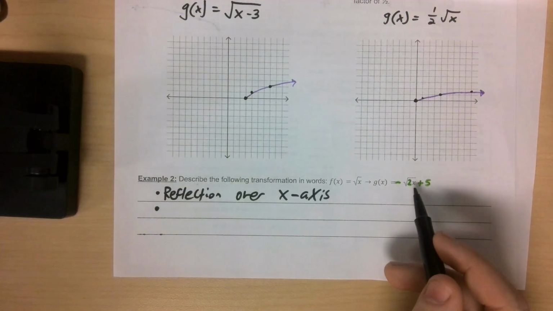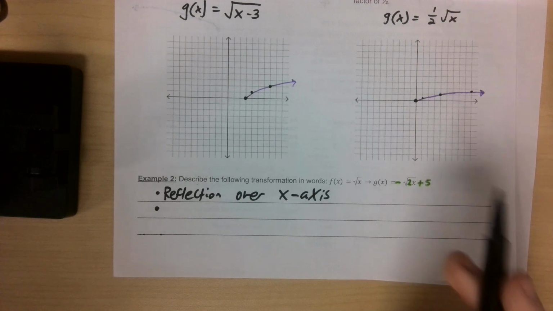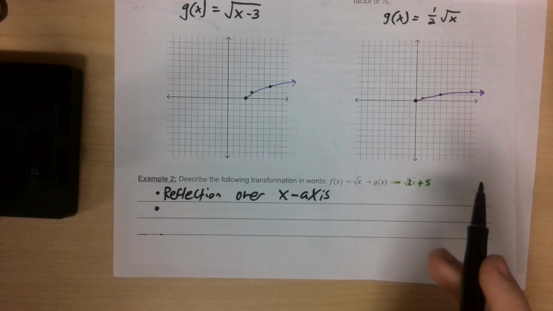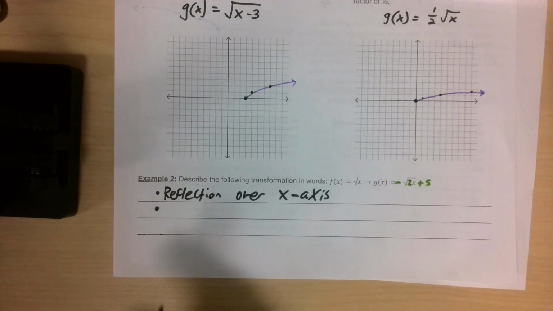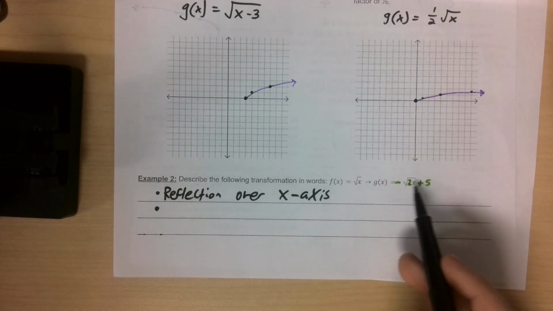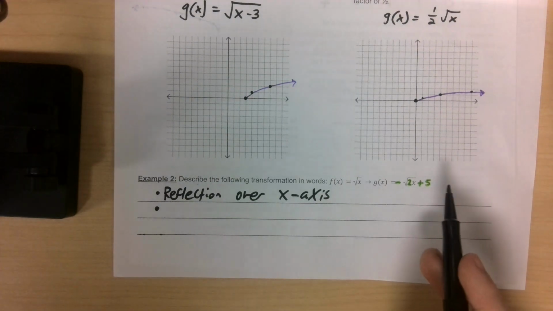A 2 next to our x tells us that it's a horizontal stretch or shrink. We have to remember, horizontal stretches and shrinks are like the opposite of vertical stretches and shrinks. So if it was a 2 being multiplied to the entire thing, that'd be a vertical stretch.